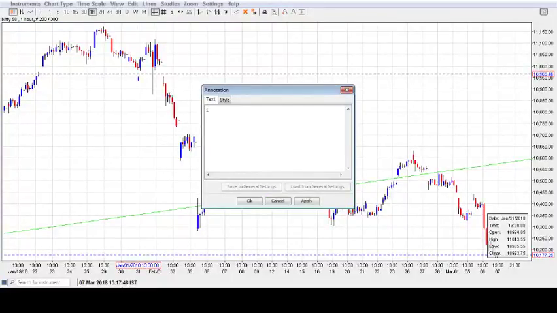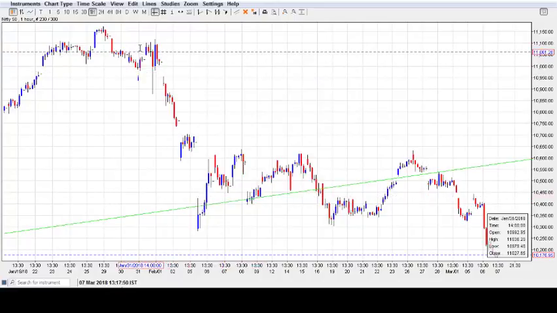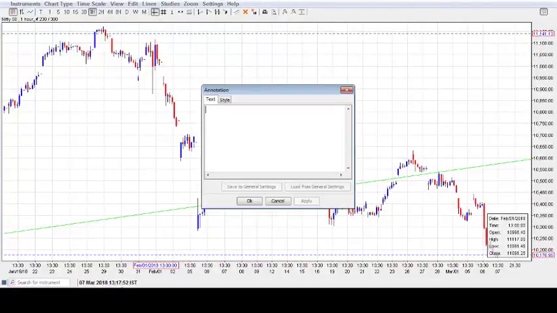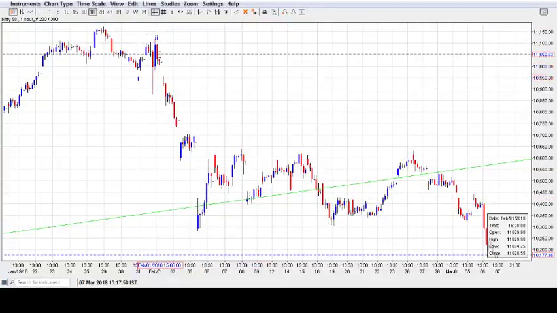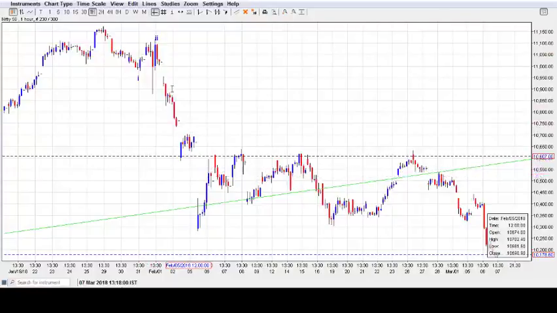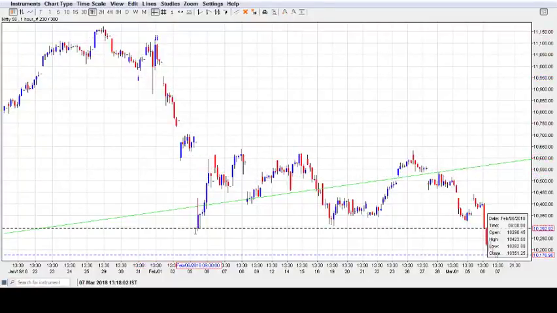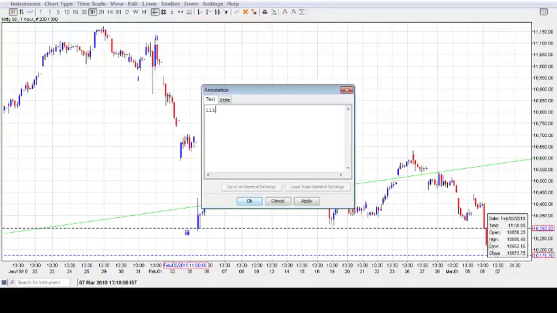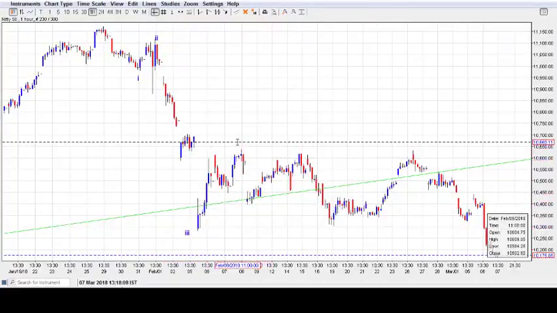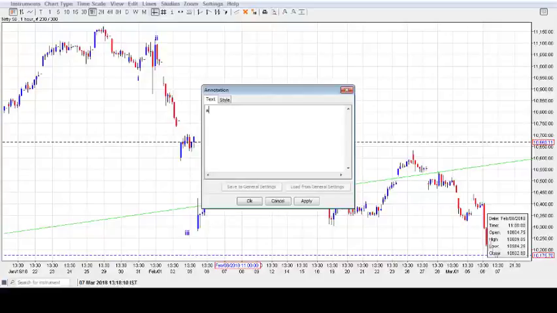So that was wave 1, and then an expanded flat wave 2, which got terminated around the 11,100 mark, and it clearly tells us a story that was the third wave, and then A, B, C wave 4.